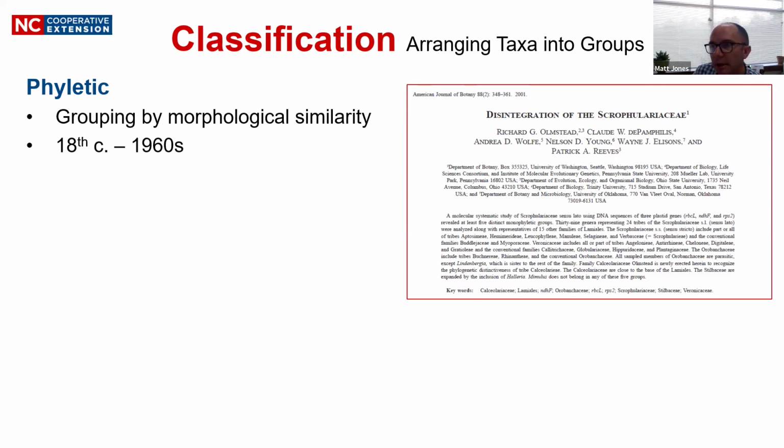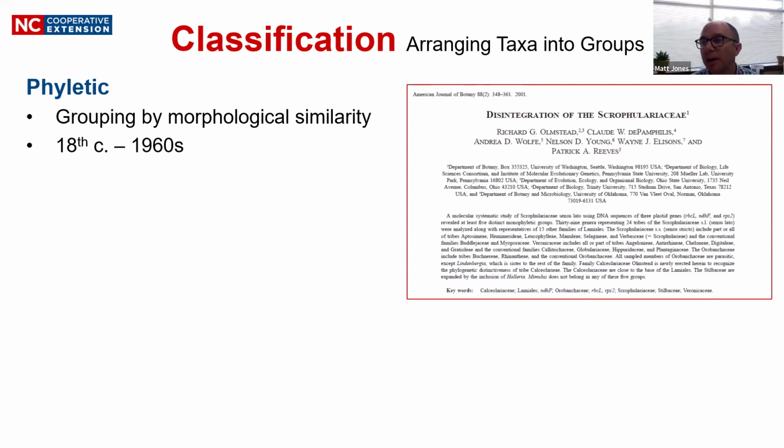But this was still based, in many cases, on botanical experts making judgment calls based on similarity of features. Because it's less likely that different morphological features would evolve multiple times, it's a safer baseline assumption that because they look similar, they're probably more closely related. And that's more the case with more complex features.